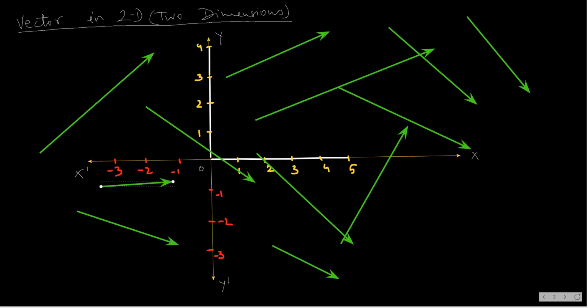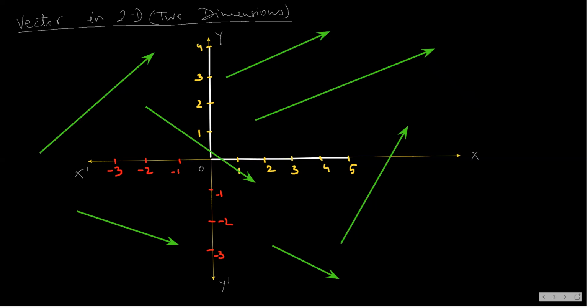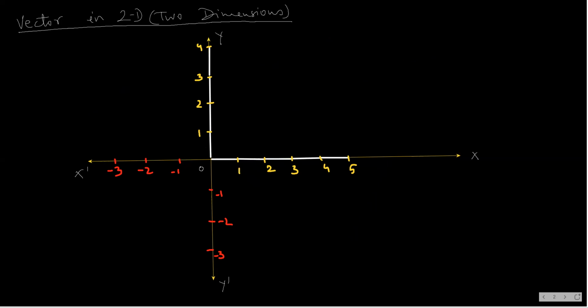Now, in order we define these vectors with full expression and with full details, it is important that I define a unit vector along these two axes. Along x-axis and y-axis, it is important that I define the unit vector.